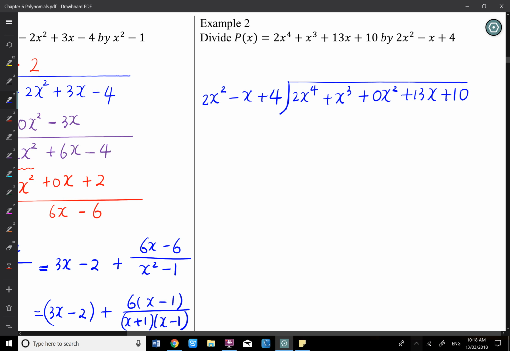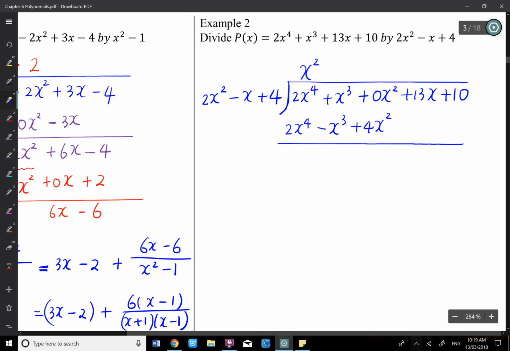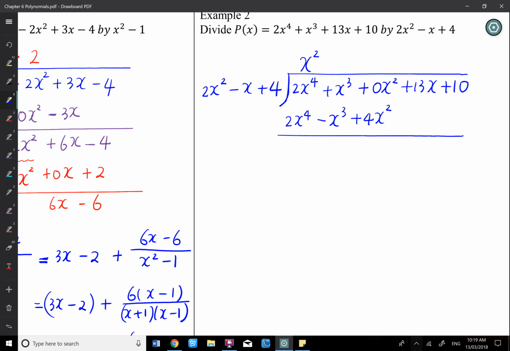Well, first term and first term, 2x to the power 4 divided by 2x squared, we have x squared. So 2x to the power 4 minus x to the power 3 plus 4x squared. What's the difference will be here?